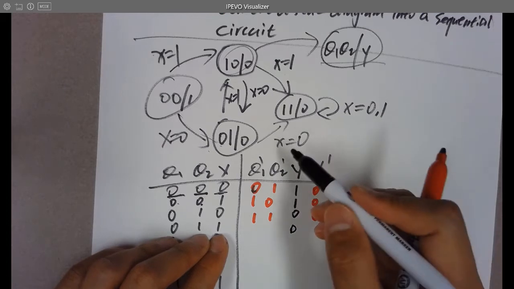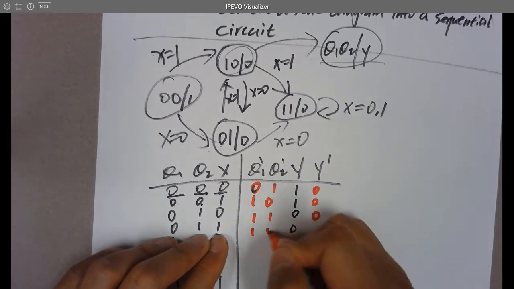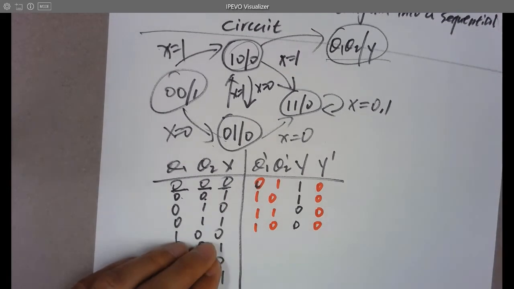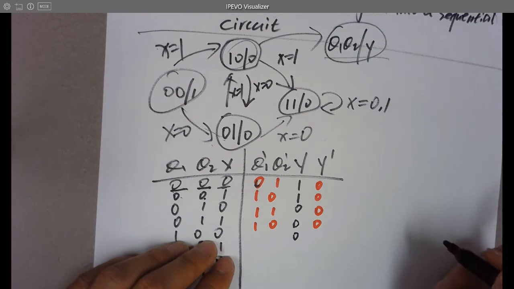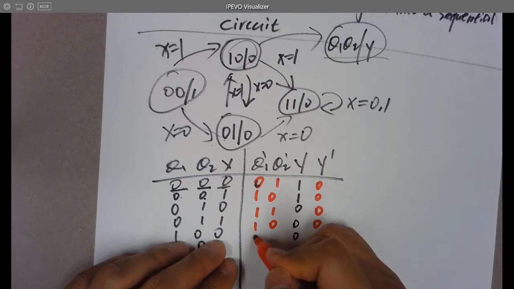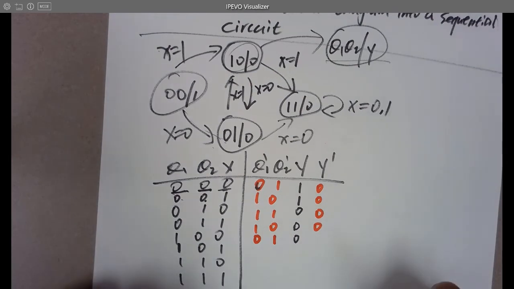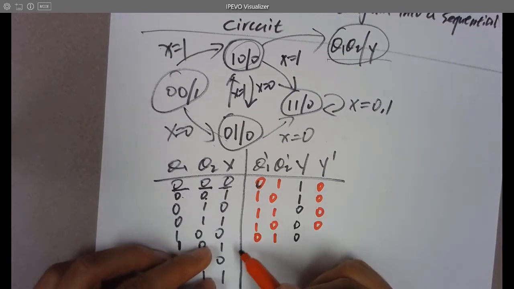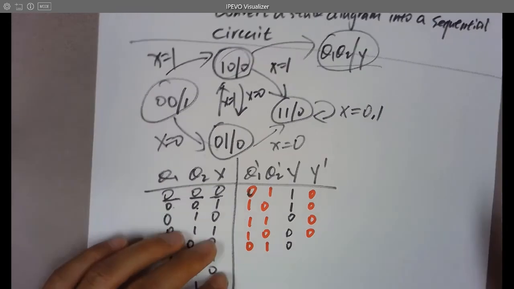When x is 1, it's going to jump to 1,0,0. And 1,0,0 will jump to, when x is 0, it's going to jump back to 0,1, wait, no. 1, 2, 3, 4, I think I'm done, wait, let me see if I'm right.